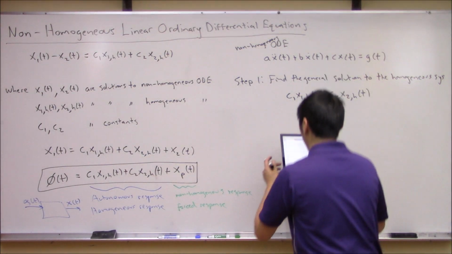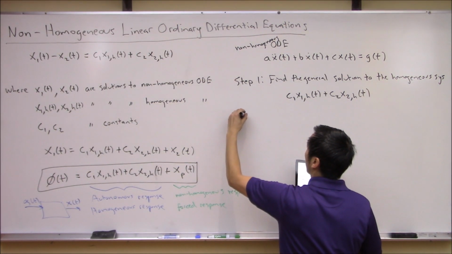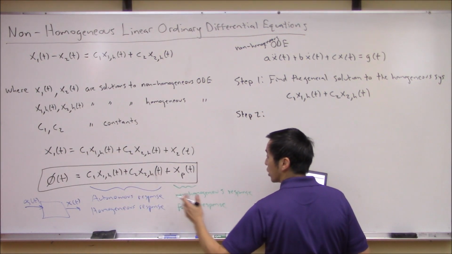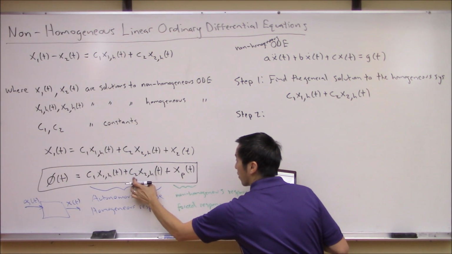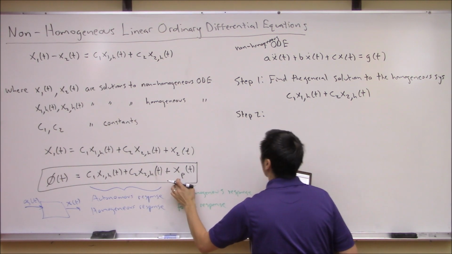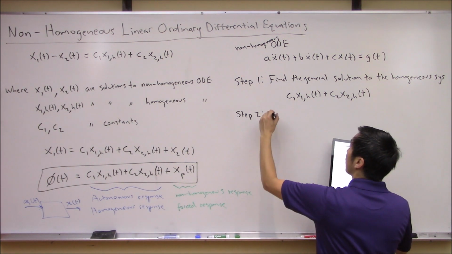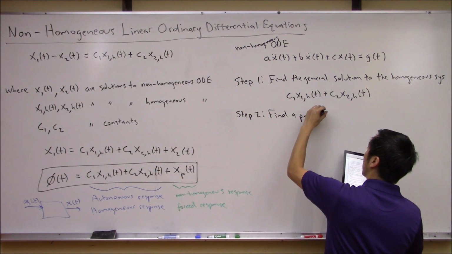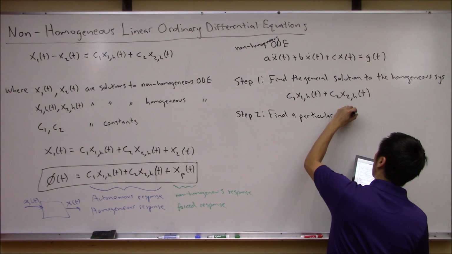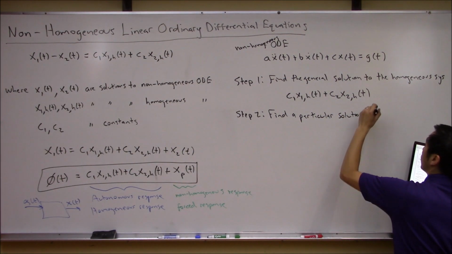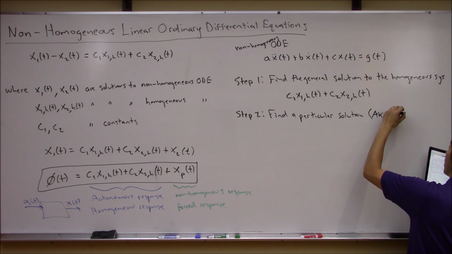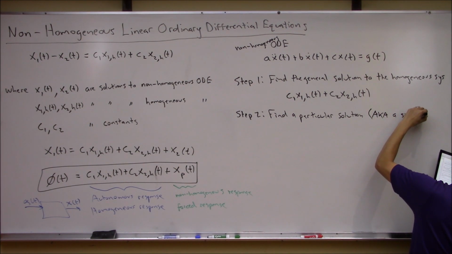Then in step two, what else is on the right-hand side of this equation? We nailed this. We need this guy, right? So step two is we need to find a particular solution. Again, maybe we should put in parentheses, AKA a single solution.